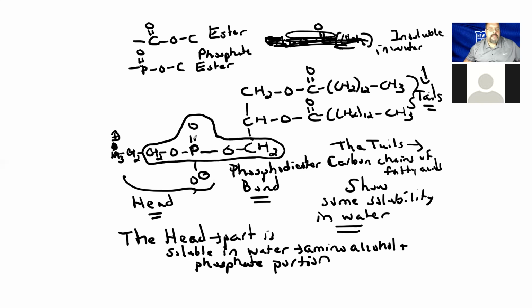In other words, you have P double bond O, OC once, P double bond O, OC twice. So it's simultaneously involved in two ester linkages. So the connectivity that takes you from glycerol to phosphate to amino alcohol comes out to what is known as a phosphodiester bond. P double bond O, OC once, same P double bond O, OC twice.